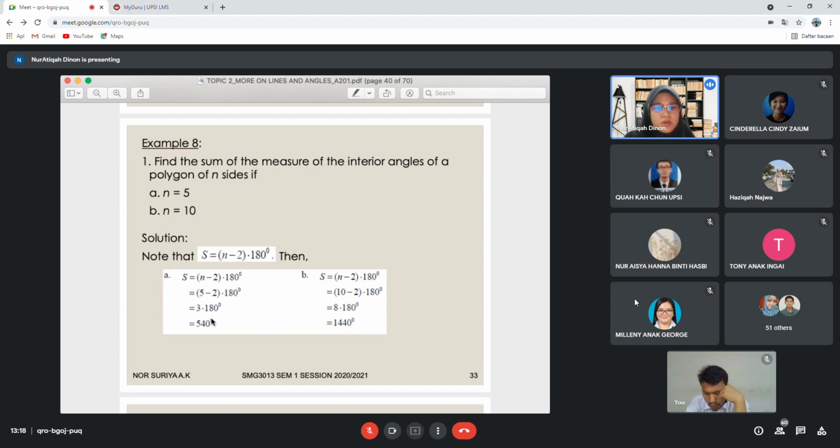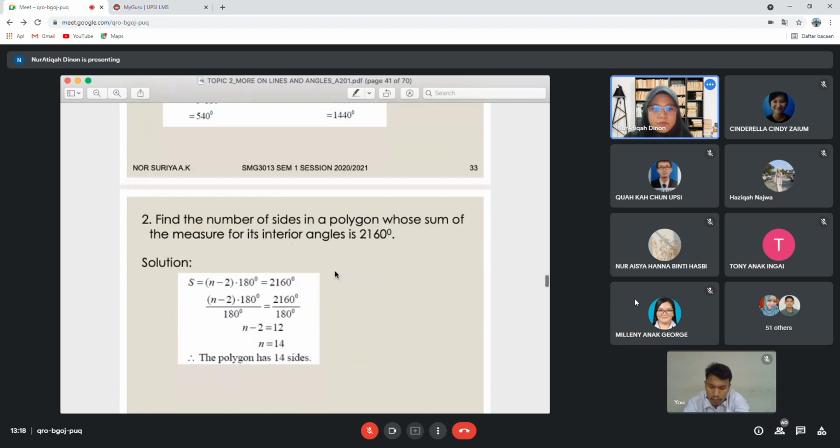Then when n equals 5, S equals 540 degrees. So n equals 5 is a pentagon, so the sum of interior angles of a pentagon is 540 degrees. And then when n equals 10, you get 1440 degrees.